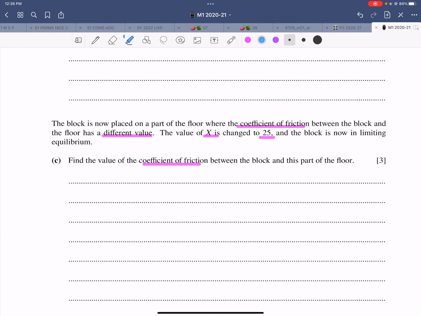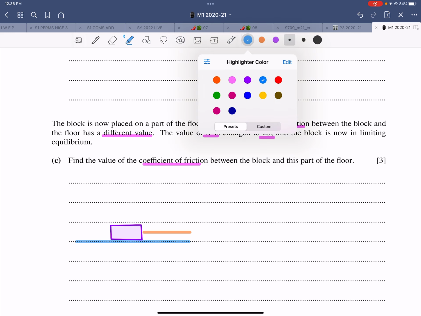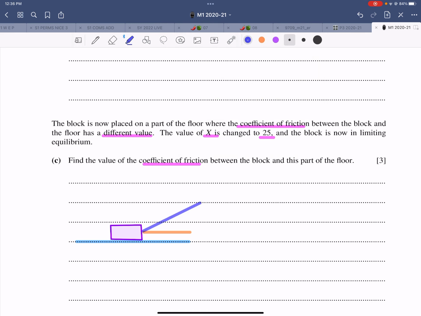Seems so. So we have this floor. We have this particle. We have the forces as such. So therefore this is rightwards and then something like this. So this is like 25 Newton.